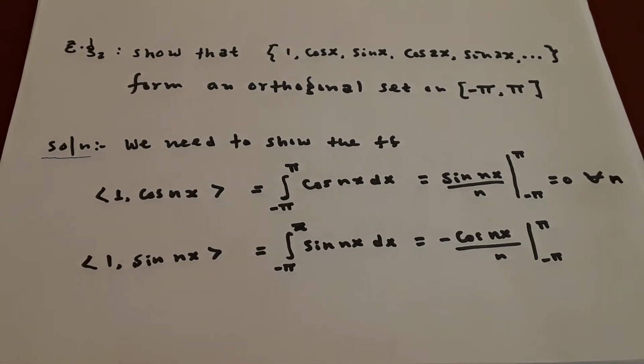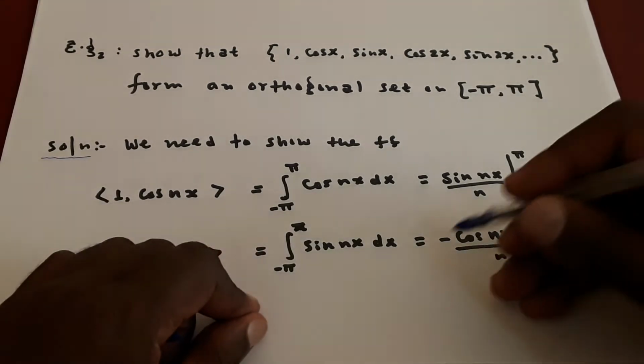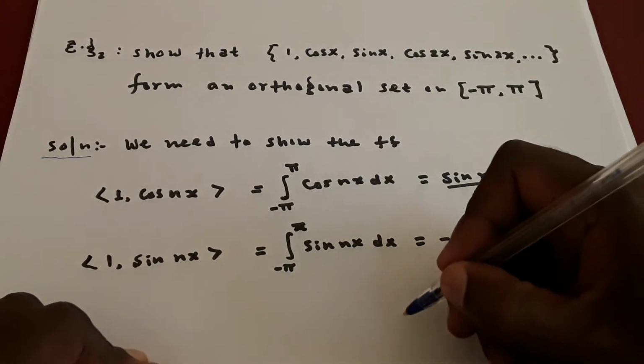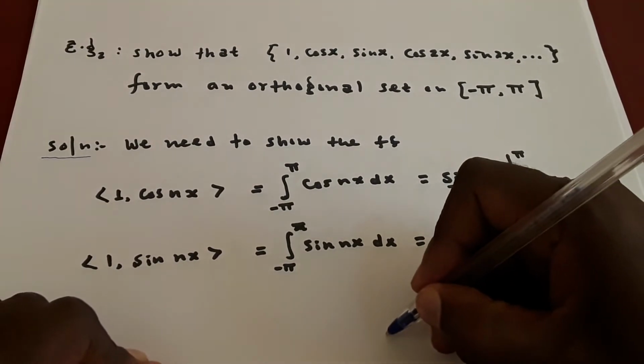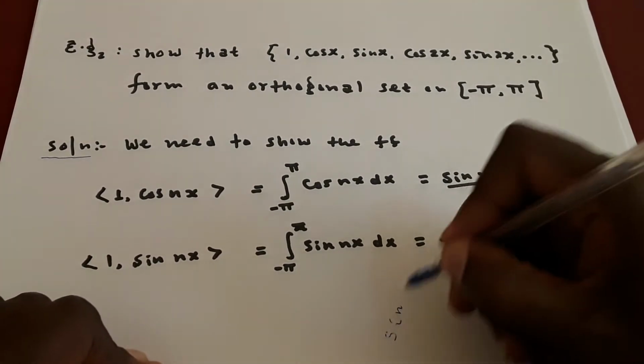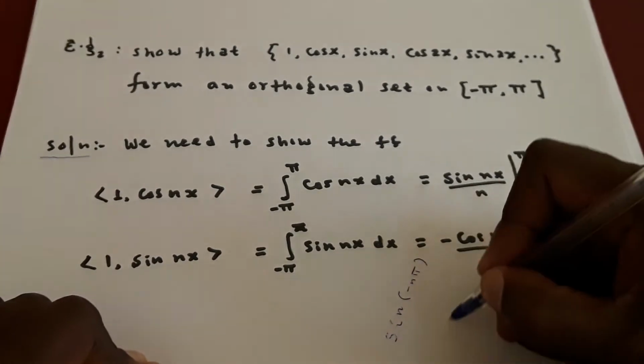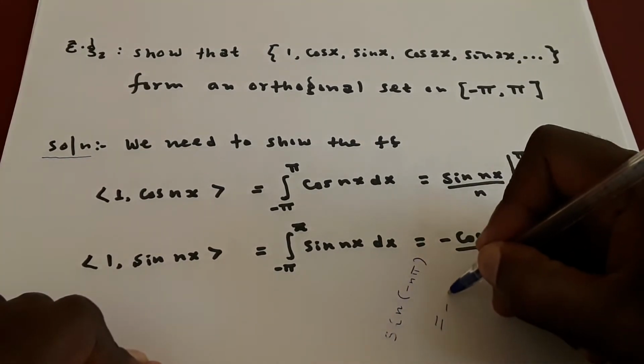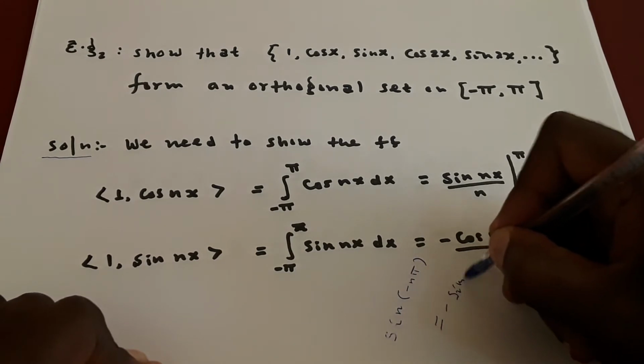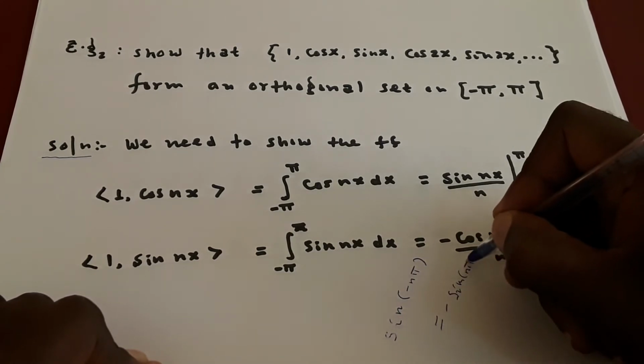Why? Because sine is an odd function, so sine of minus n pi equals minus sine of n pi.